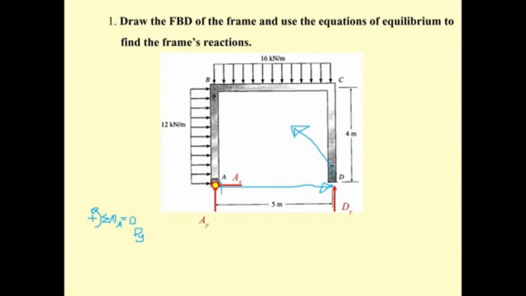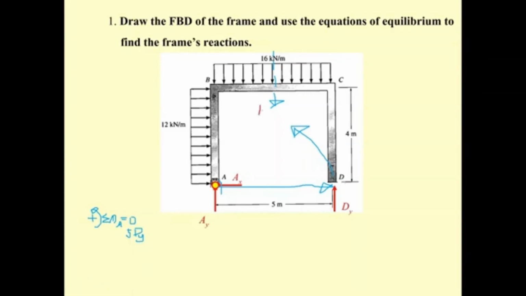So we have over here 5 D sub y, and then the uniformly distributed load here is going to have its resultant in this direction, and you may see the magnitude of this is going to be what? The magnitude of this is going to be the total of 16.